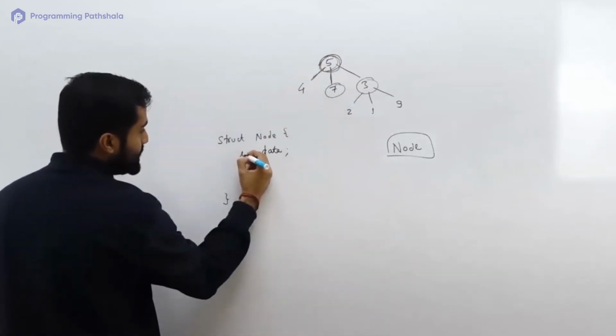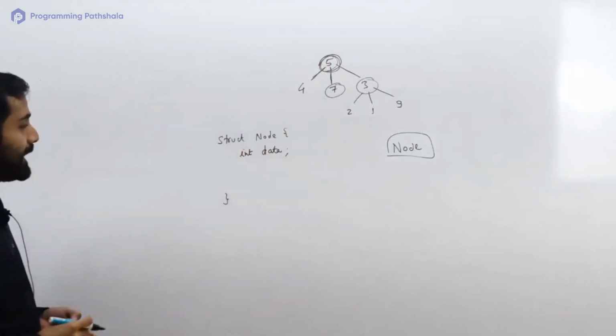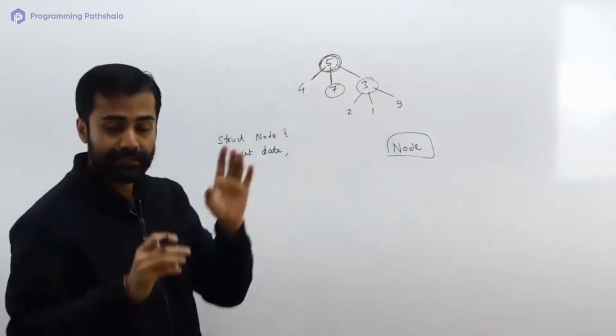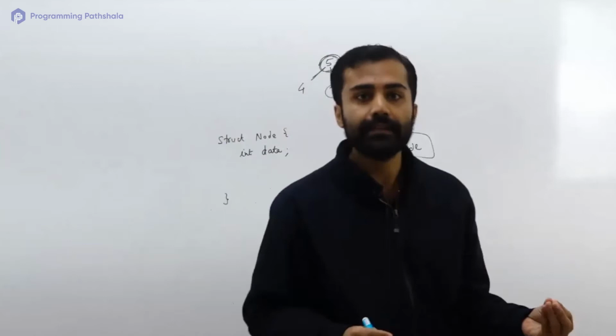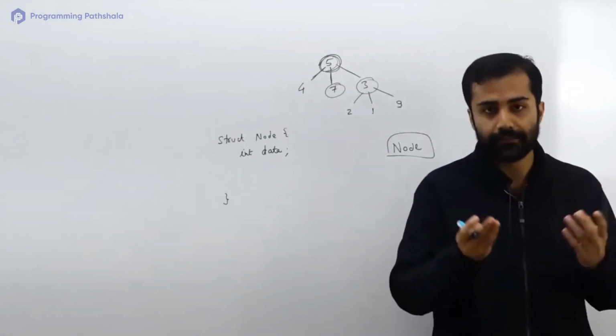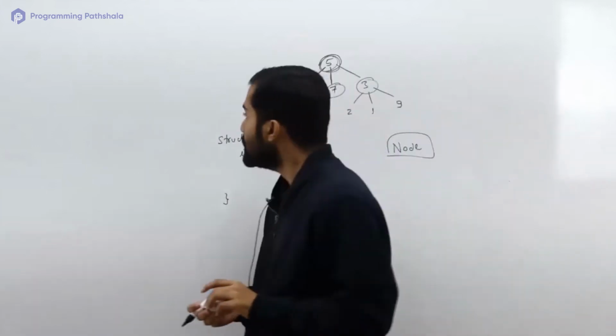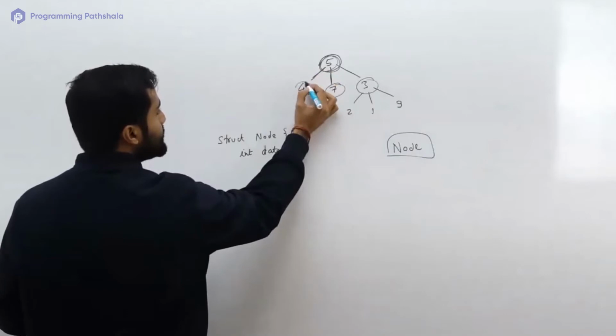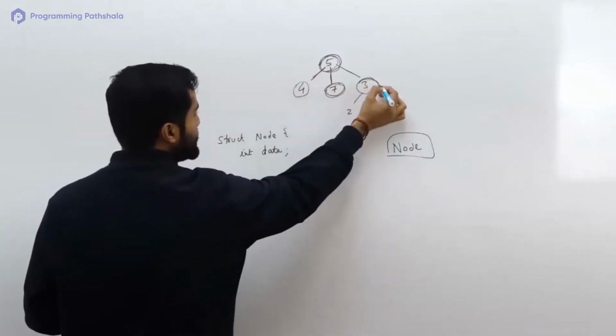Here it is an integer. And apart from that, there will be different pointers. These pointers will be storing the addresses, pointers or references, depending on your language type. Basically these will be storing the address of the child nodes.